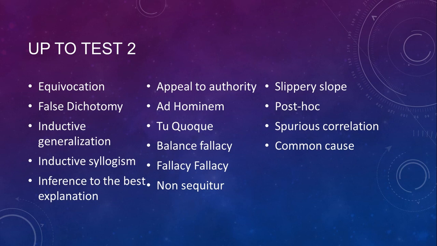Okay. The balance fallacy, plague of modern journalism. Well, we've heard the anti-Nazi argument. What about the pro-Nazi argument? We've got to have both for balance. No, you don't.